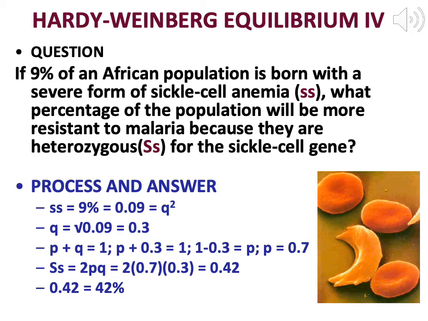Once we get q, we can solve for p. If I remember correctly, p plus q equals 1, which means p plus 0.3 equals 1, which means that p is 0.7. So we've already solved for q, and we've already solved for p. Now we need to figure out how many individuals in the population are heterozygous, big S, little s.